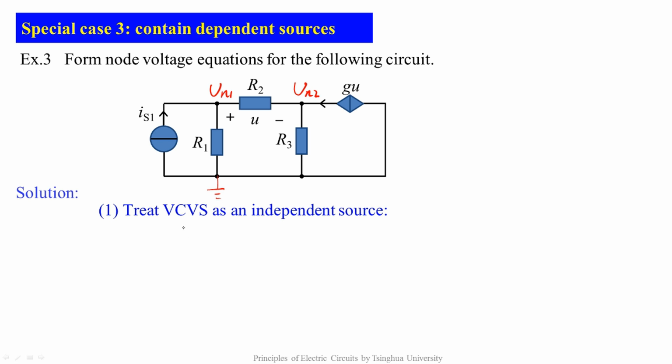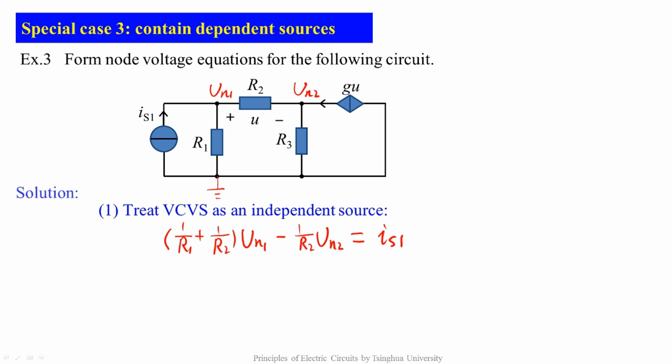We can see the self-conductance of node 1 should be 1 over R1 plus 1 over R2. That is (1 over R1 plus 1 over R2) times UN1. The mutual conductance with node 2 is minus 1 over R2, that is minus 1 over R2 times UN2. On the right side, it should be the sum of all the current sources flowing into the node. It is IS1.